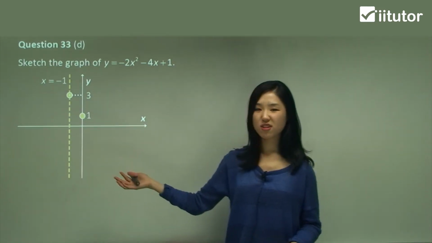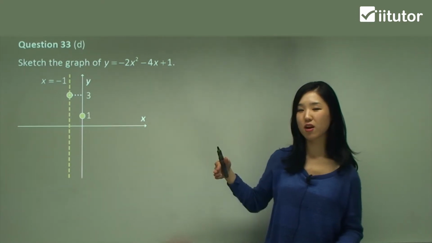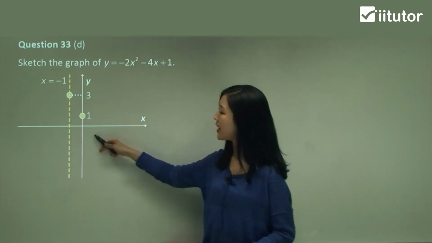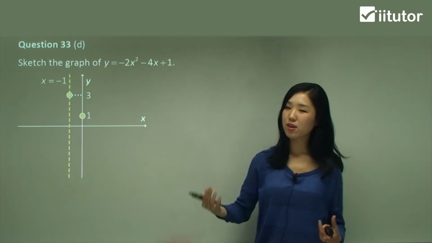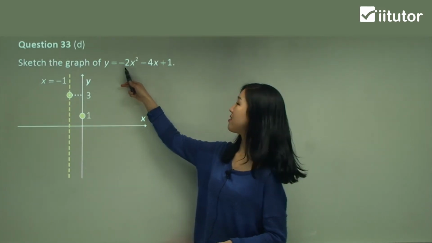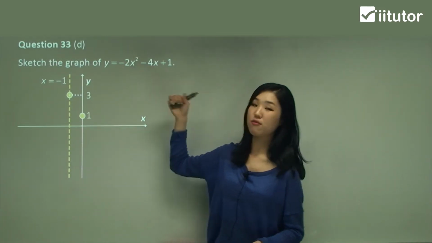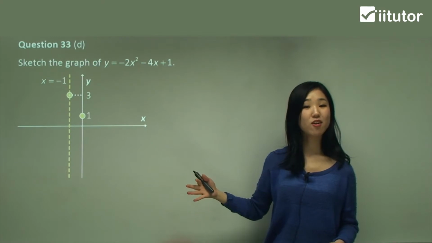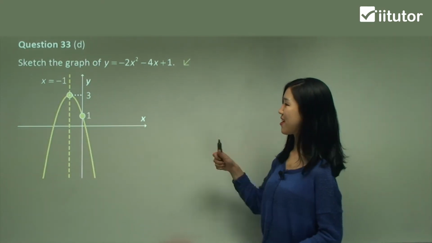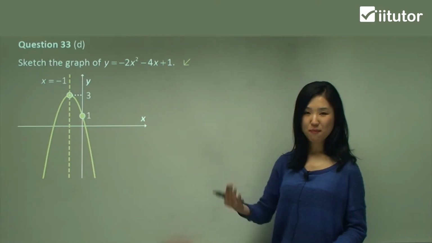And you can realize that it's probably going to be a concave down graph because I need to pass through that vertex and go down to meet the y-intercept. And you can also realize that by looking at the equation of the graph, it's a negative coefficient of x squared. So it definitely is a concave down graph, just like this. Okay, so that's question 33. So hopefully this is very repetitive, yeah?